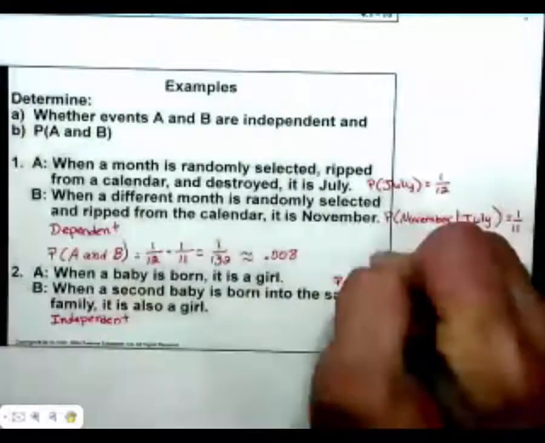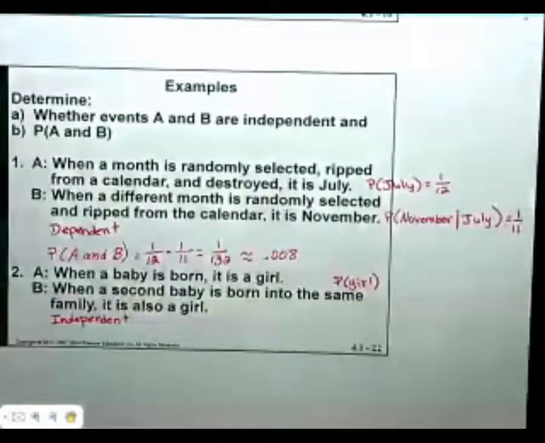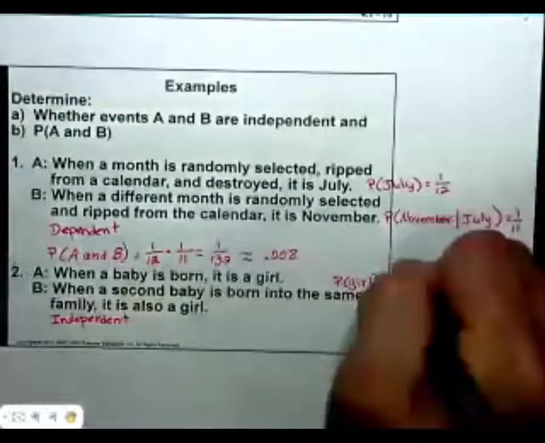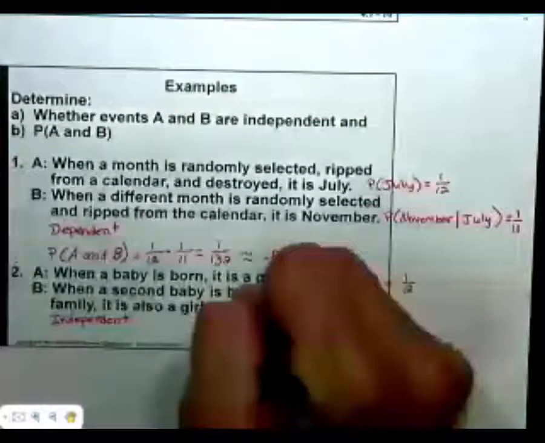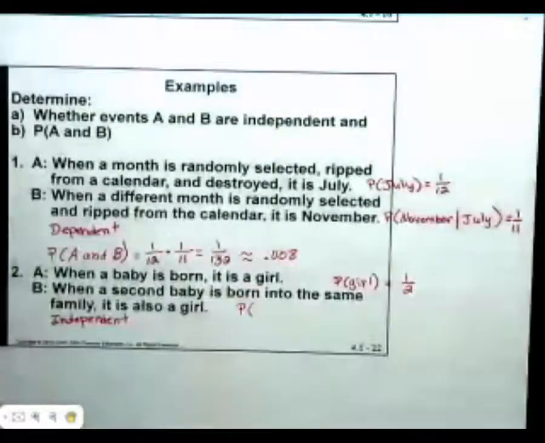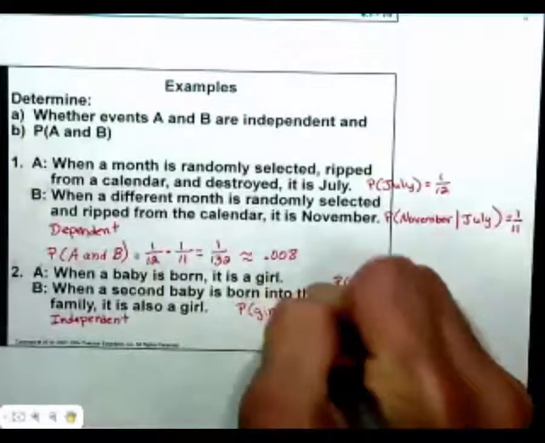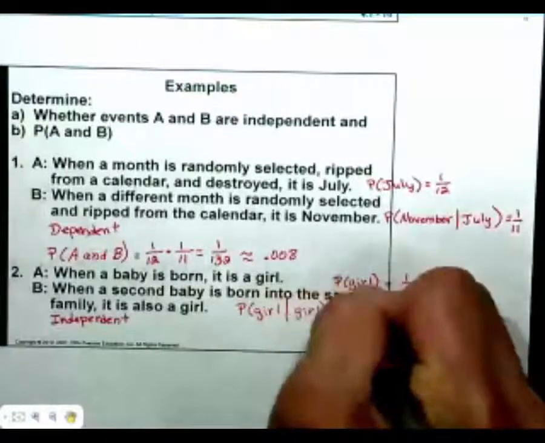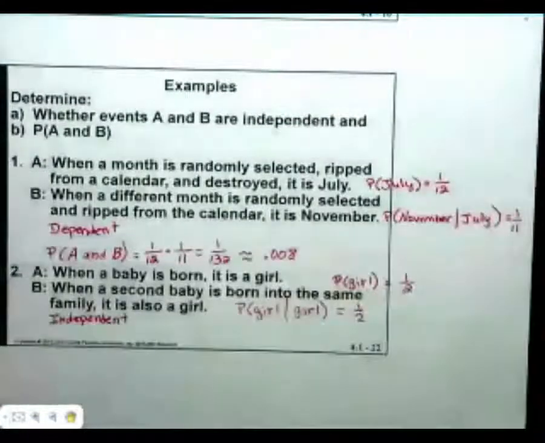You could say 0.5 or a half, whichever is your favorite. And then the probability of the second child being a girl, given that the first child was a girl, is what? Still a half. Because those 2 events are independent of each other.